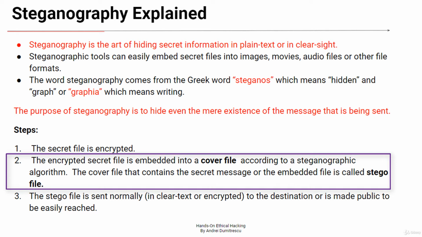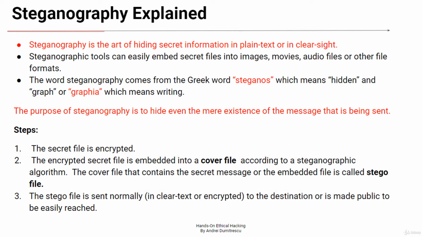If someone is looking simultaneously at the original cover file and at the file that contains the embedded message, he would see no difference at all. The cover file that contains the secret message, or the embedded file, is called the stego file.